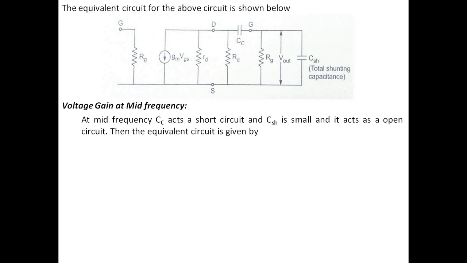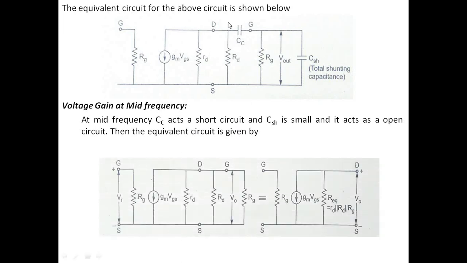What will happen at the mid frequency? At mid frequencies, the coupling capacitance acts as a short circuit, and the shunting capacitance, which usually exists at high frequencies, acts as an open circuit. The equivalent circuit will be given by this: it acts like a short and it acts like an open.